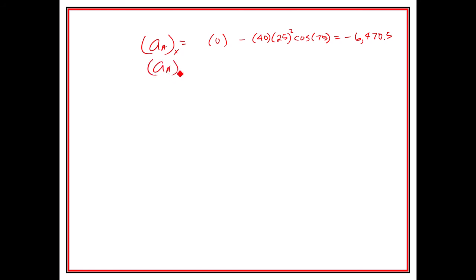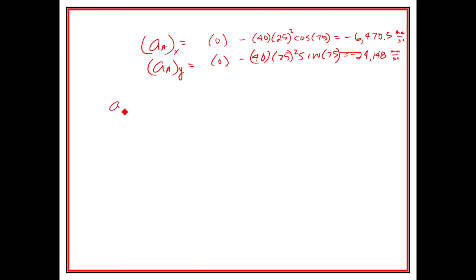Same thing in the y direction, except it's the sine, and we're left with negative 24,148. These are both millimeters per second squared. It's a good idea to label stuff.